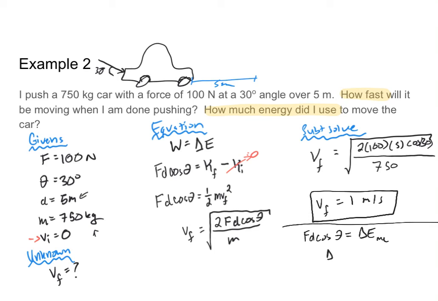Therefore, my energy lost is equal to 100 times 5 times the cosine of 30, or 433 joules. And there you have it, that is the energy that I expended to move the car.